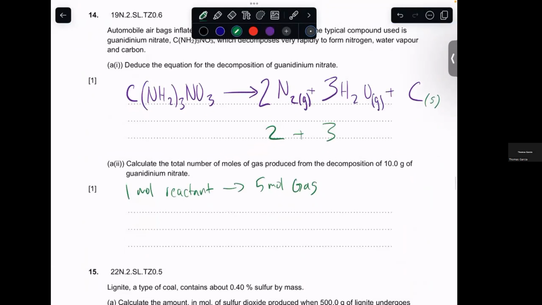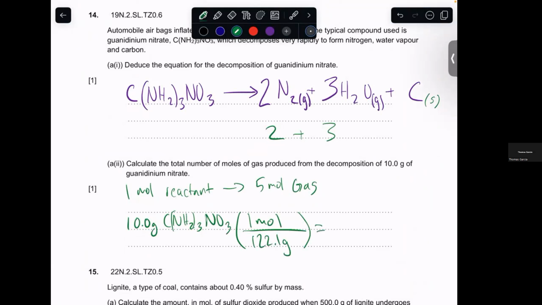All right, so all I have to do is calculate the number of moles made by 10.0 grams of our reactant, C(NH2)3NO3. And I do that by finding the molar mass. 1 mole is equal to 122.1 grams.